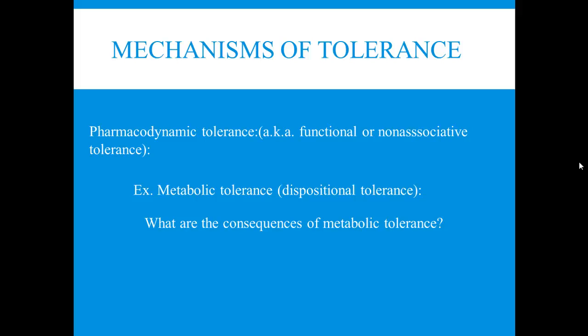So you should be able to start thinking about this on your own. If more enzymes are produced, which allows the body to break down a drug faster, what's going to happen? What are the consequences? If the drug is being broken down more quickly, then the amount of drug that you took is not going to produce the desired effects.